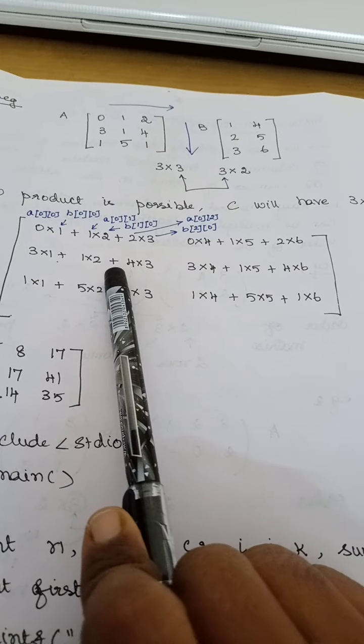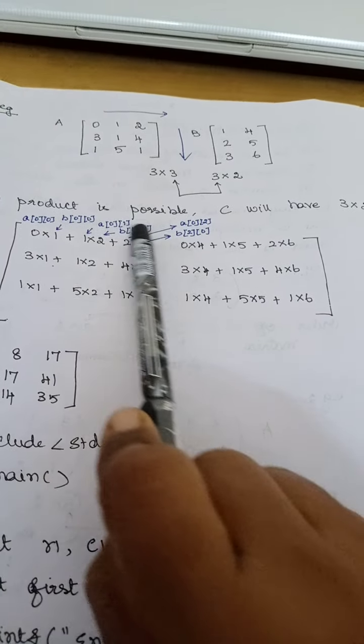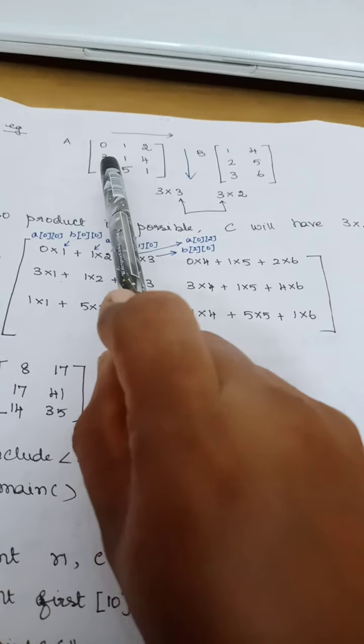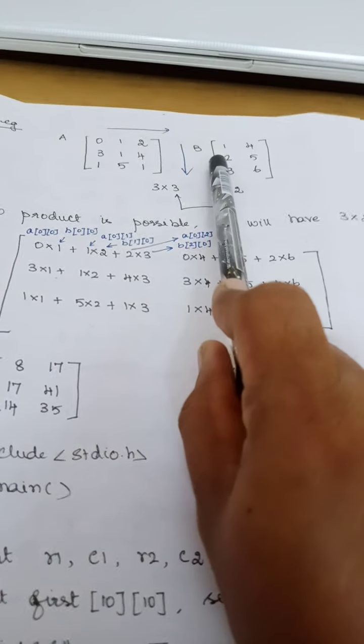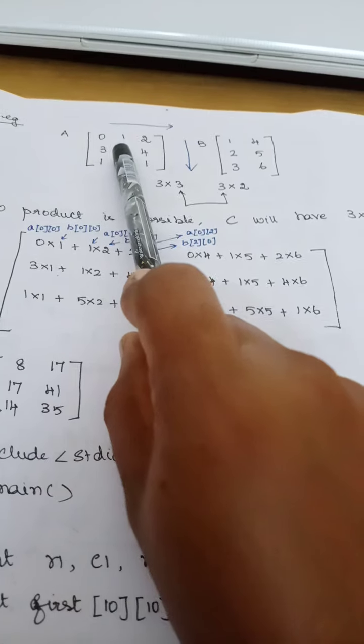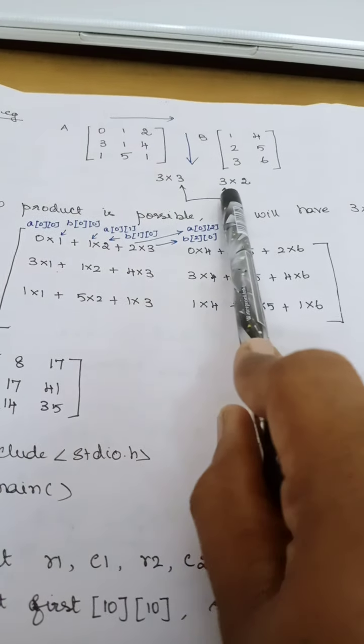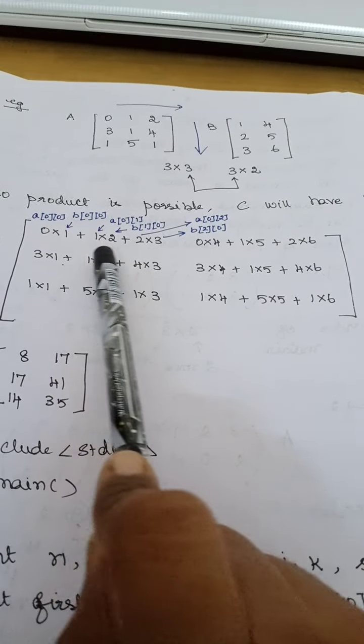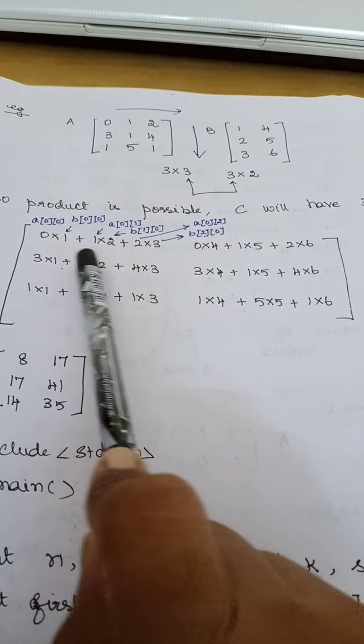So to find my first value, I need to do the addition, right? Addition of what? 0 into 1 plus 1 into 2 plus 2 into 3. So this is going to be my first value, the sum of all these things.